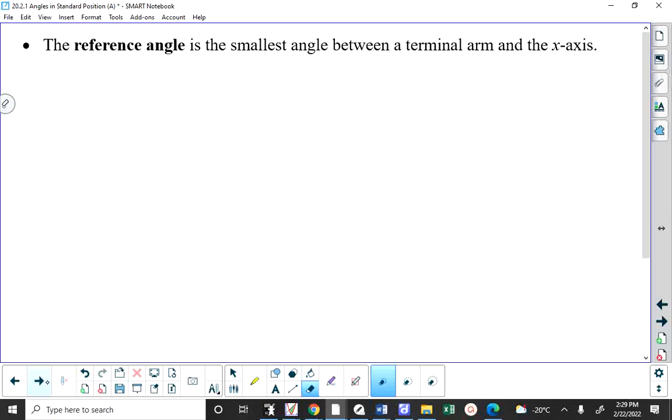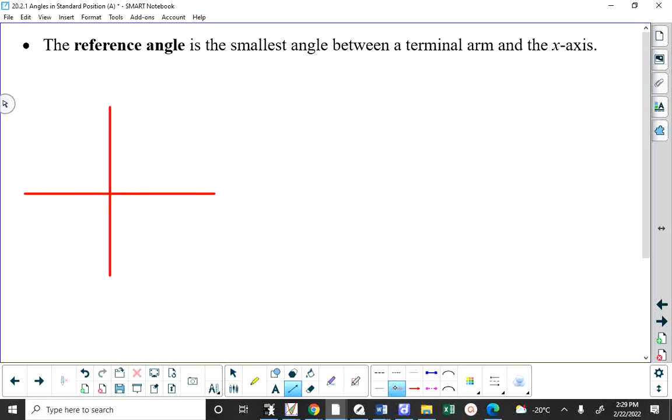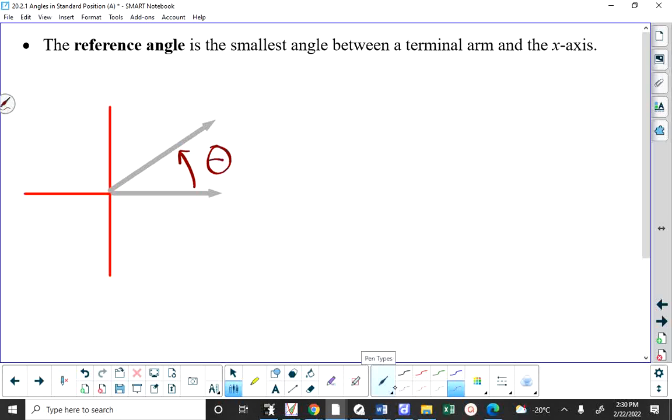Before we get to a specific example, if I told you that we had an initial arm that's here, which it always is, and the terminal arm is here, that would mean this is the rotation angle. Are you with me?